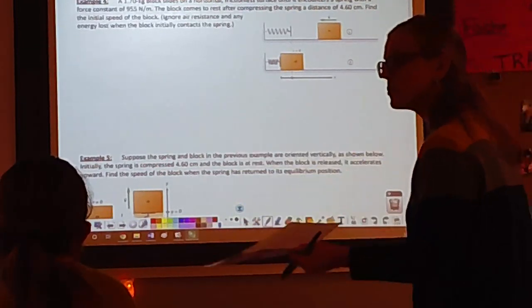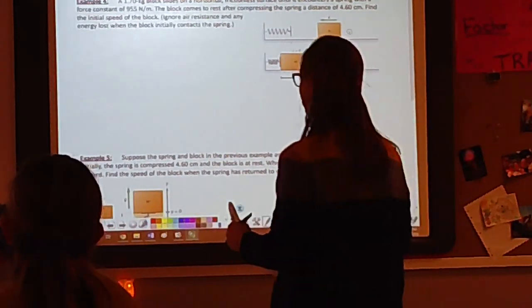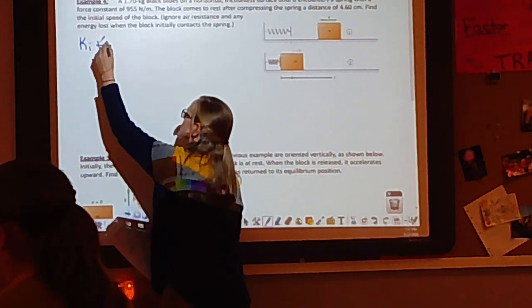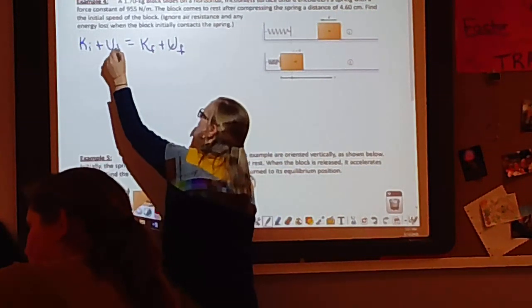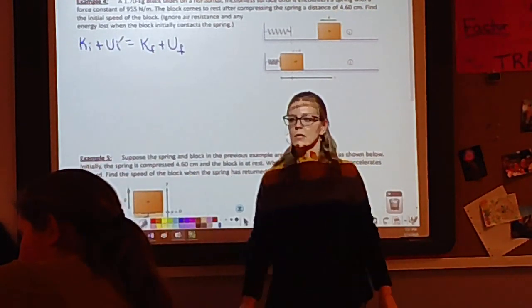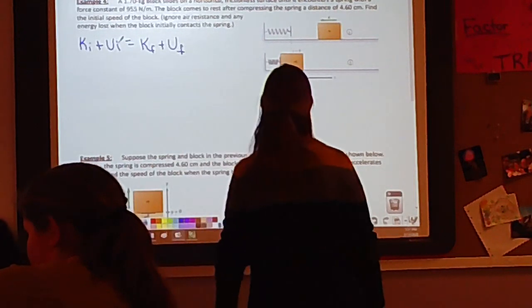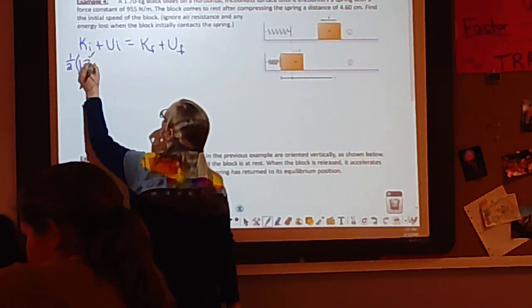So we are in a conservative system. Ki plus Ui equals Kf plus Uf. 1/2, what's the mass? 1.7 kilograms.